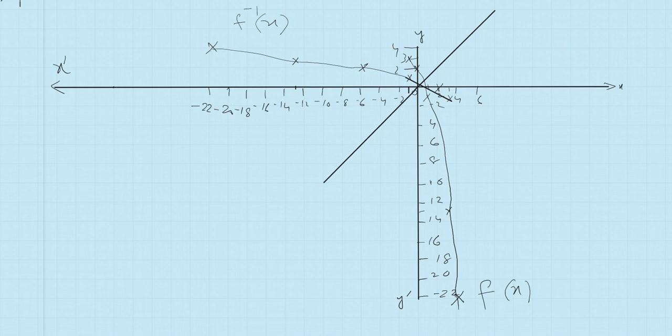So this is our mirror line, y equals x. I want to join f inverse x points again because I am not satisfied.